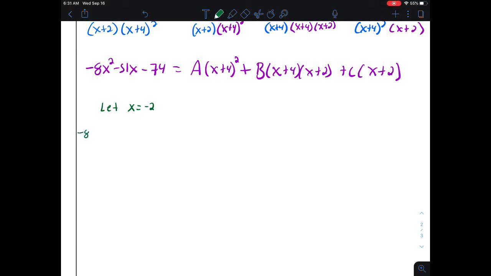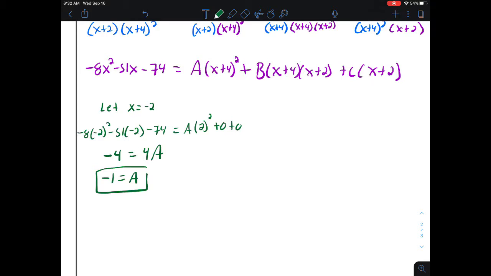If I put in -2 for my x's, I've got -8 times -2 squared minus 51 times -2 minus 74 equals a times 2 squared, and then plus 0 plus 0. So I could solve for a. All right, so a is going to wind up being -1.